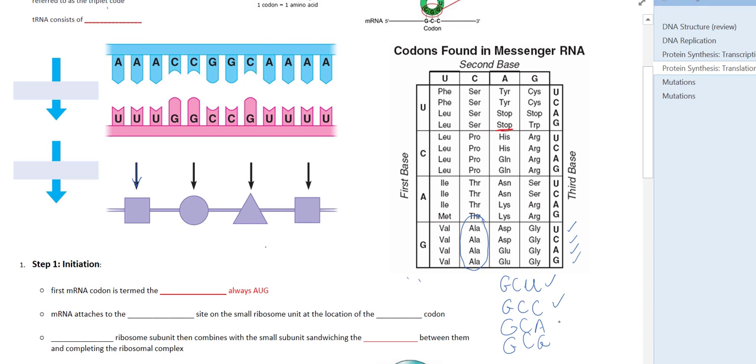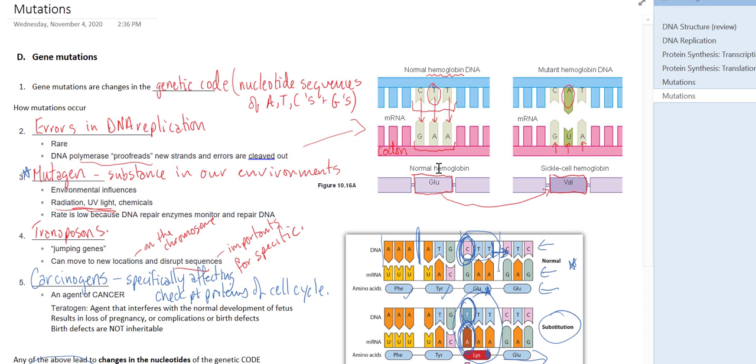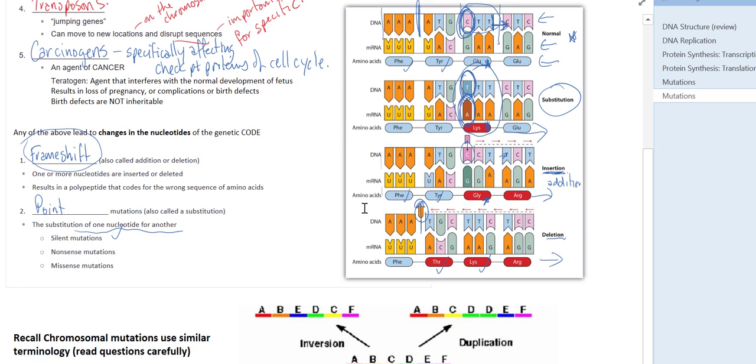Any one of these will lead to alanine. So sometimes when a mutation has occurred and it replaces the letter, it doesn't end up changing the amino acid at all. In that scenario, it really becomes what we call a silent mutation or a nonsense mutation, because it doesn't disrupt the protein synthesis at all.